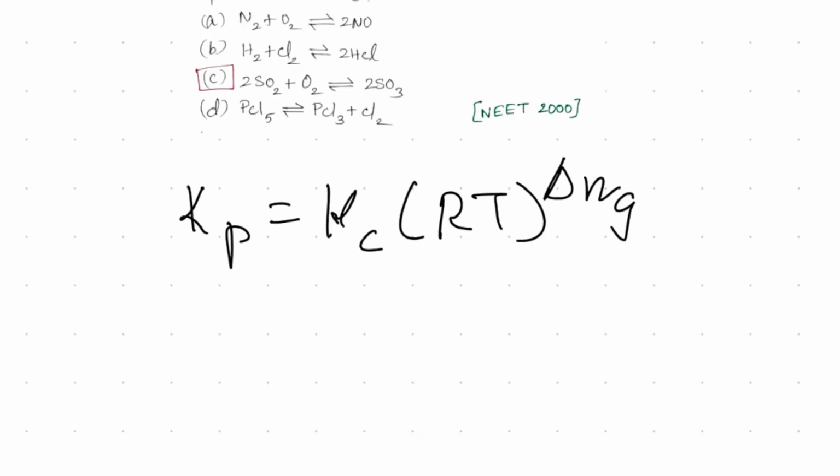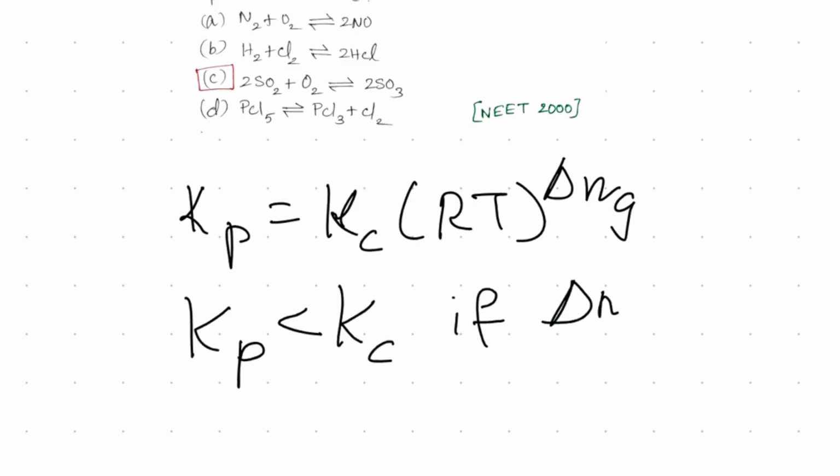Kp should be less than Kc. When will this happen? Kp will be less than Kc if delta Ng is negative. Delta Ng will be negative if the number of moles of the product is less than the number of moles of the reactant. Np is less than Nr.